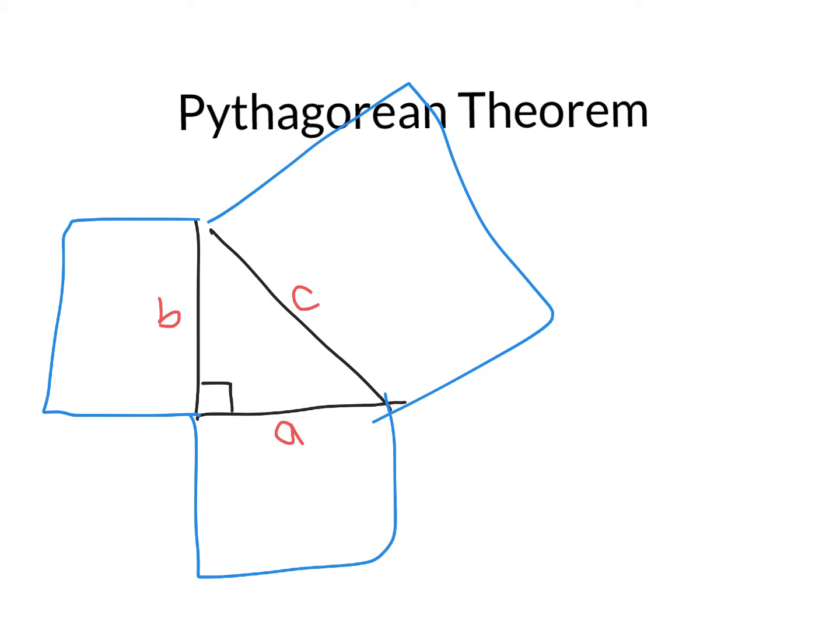So if this line here is A and this is a square, that means this line is A. If this line is B and this is a square, that means this line is B. And if this line is C and this is a square, that means this line is C.